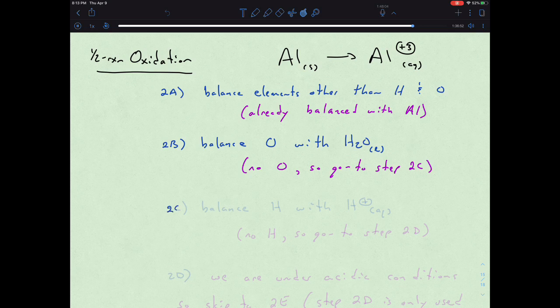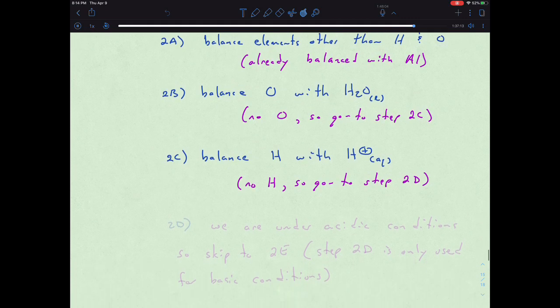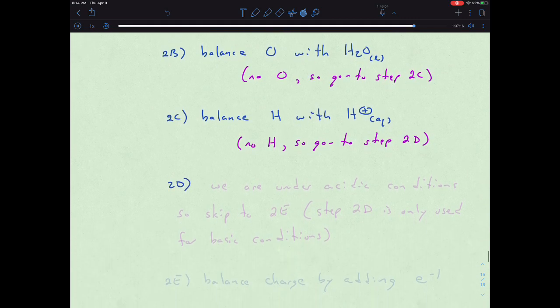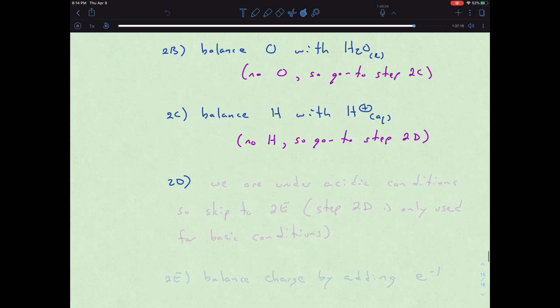Step 2C, balance hydrogen with H+. No hydrogen, so we can go to step 2D. And again, with 2D, only if we're not under acidic conditions.